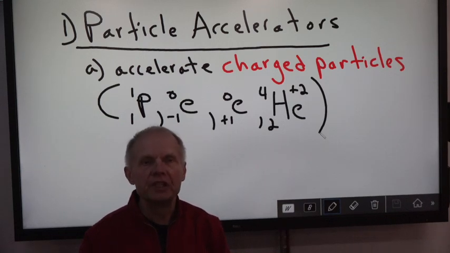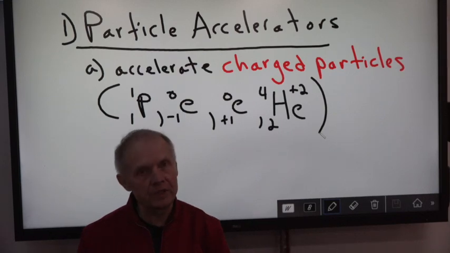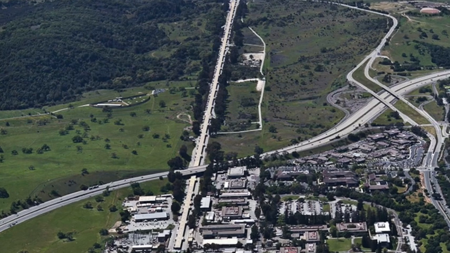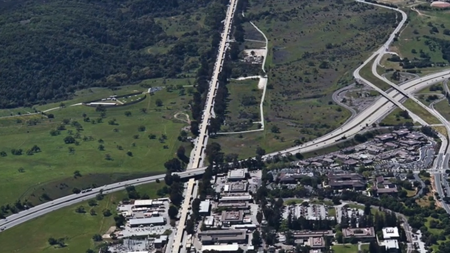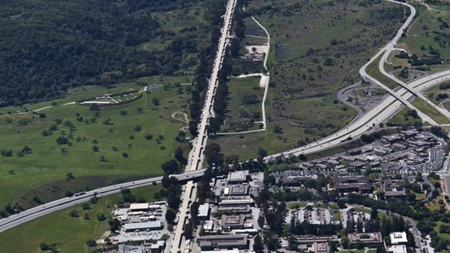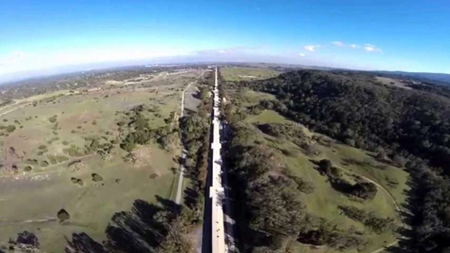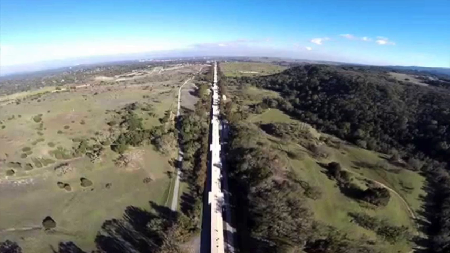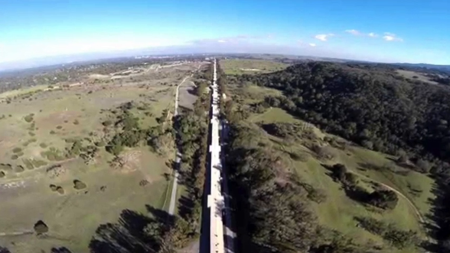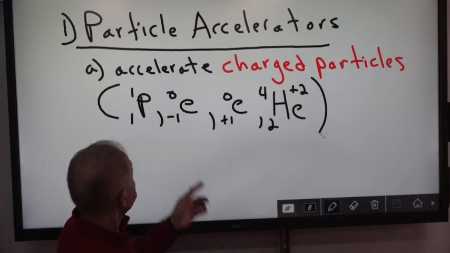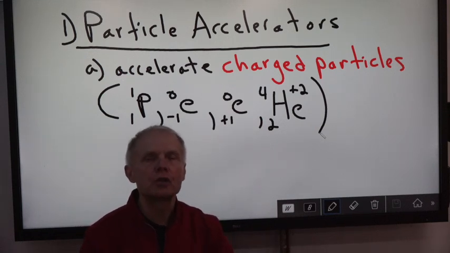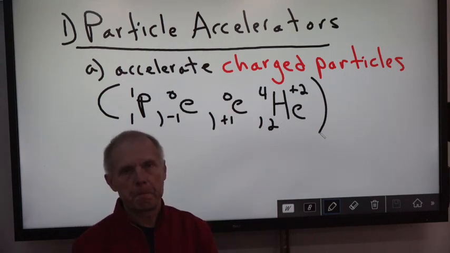And the biggest linear accelerator in the world is in California. This is the Stanford Linear Accelerator, and you won't believe how long it is. Yep, it's 2 miles long, and it accelerates electrons to an incredible speed to smash the nucleus of different stable isotopes. So, particle accelerators accelerate charged particles.